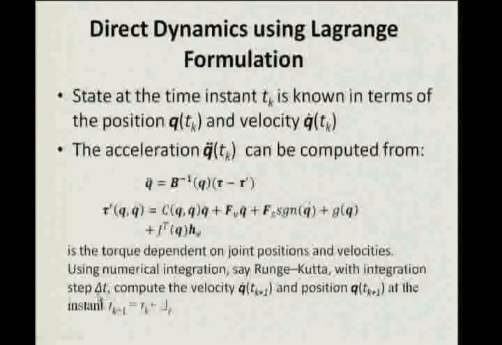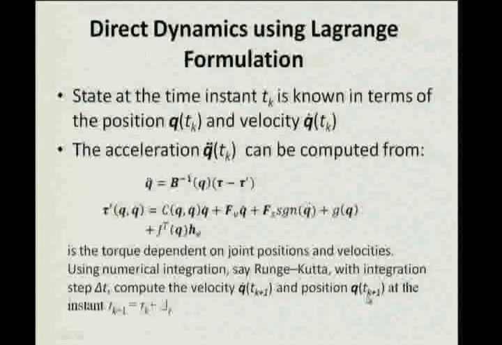So, what will the routine do? If you know q double dot, then you can write that program which you wrote last time in MATLAB. The output of that will be essentially the updated state. So, you will get q dot at t k plus 1 and the position q at t k plus 1.